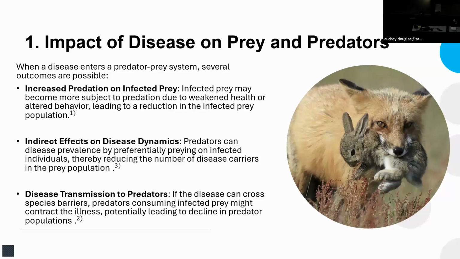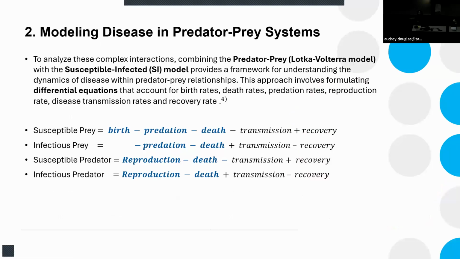So considering all these chains of events, I construct 4 differential equations, first verbally. Here, there are 2 populations: predator and prey. I separate each population into 2. One is susceptible and the other is infectious, for prey and predator.